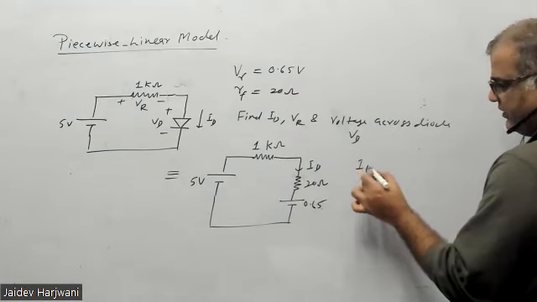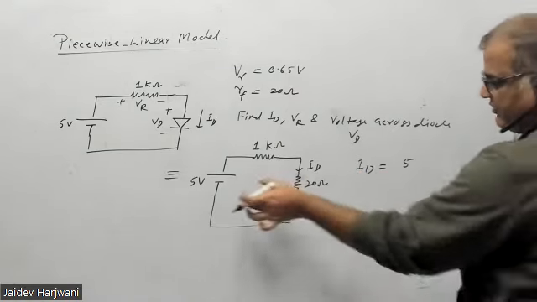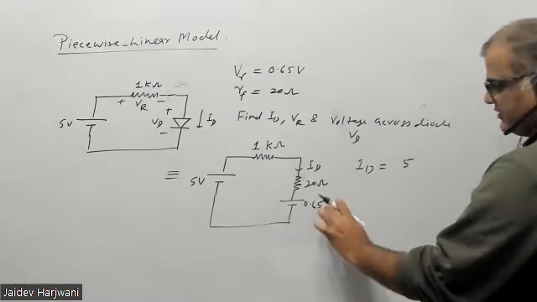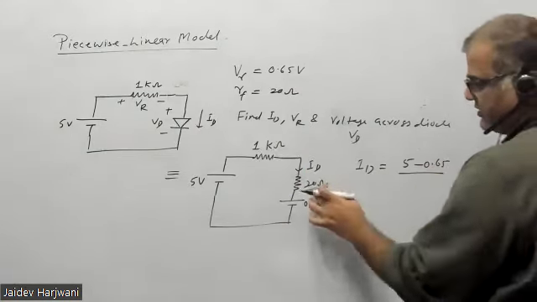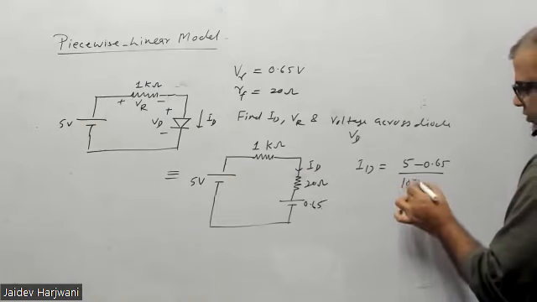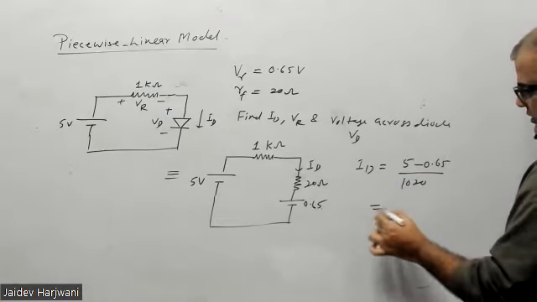So ID will be simply this 5 volt minus 0.65 volt, and total resistance, that is 1020 ohm. So this will give me how much?